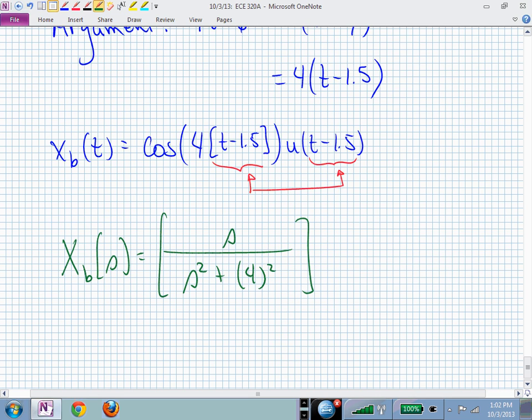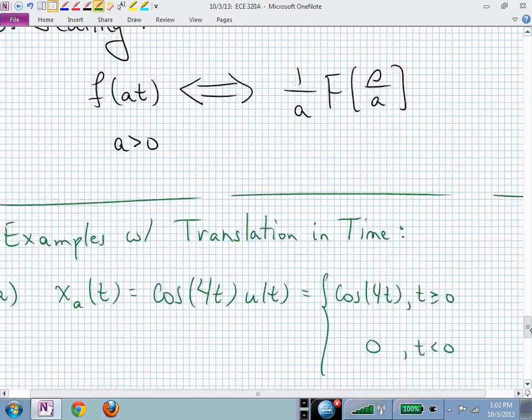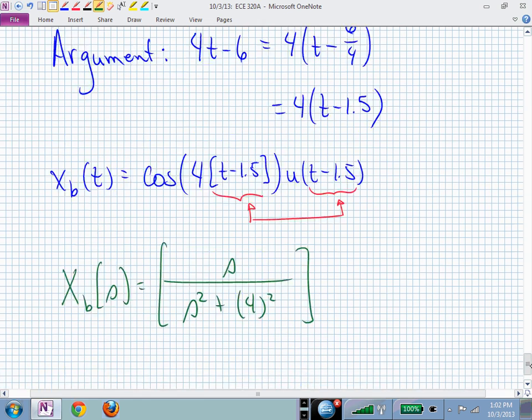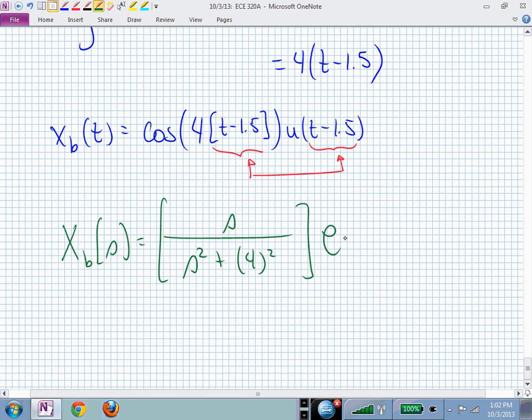So now you go, well, I know that's not quite right, but it's got to have this structure to it, and it's maybe weighted. Now you just have to go up to the operational transform and realize that the delay is t naught. In this case, it was 1.5. We put in 1.5 for that t naught. That scales our nominal transfer function.